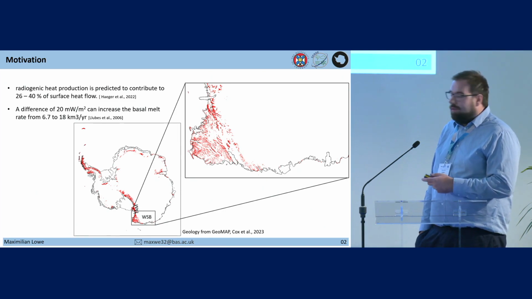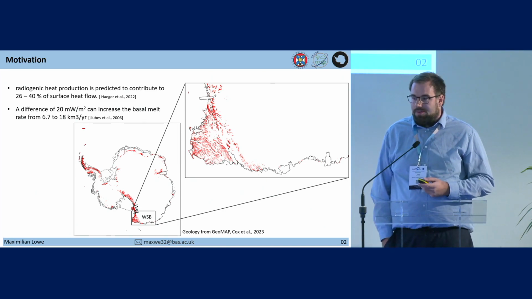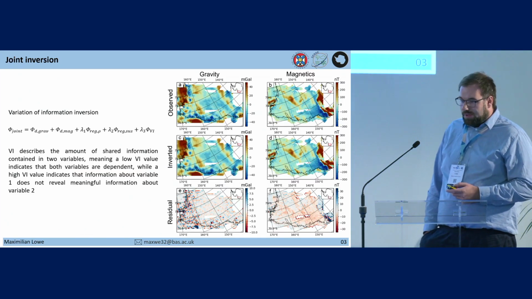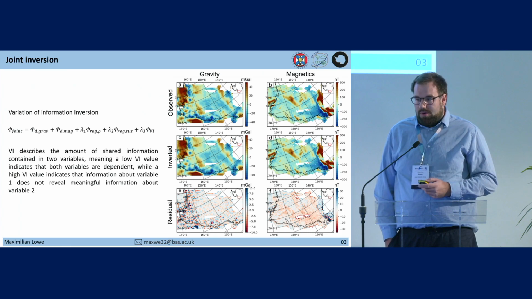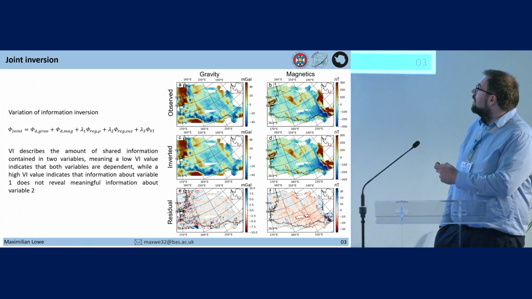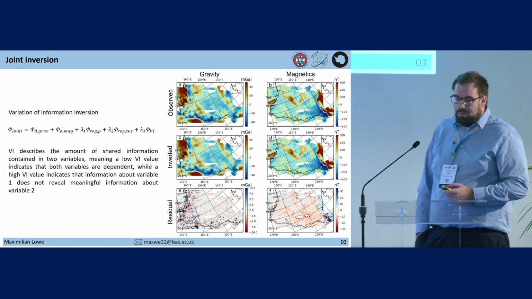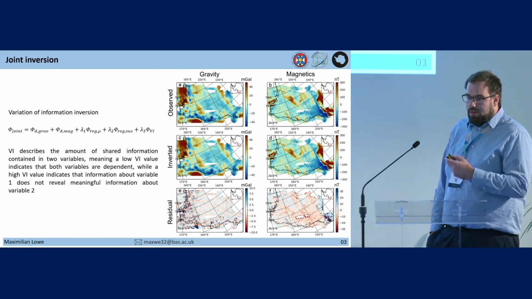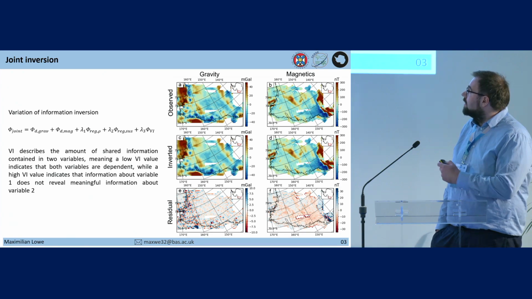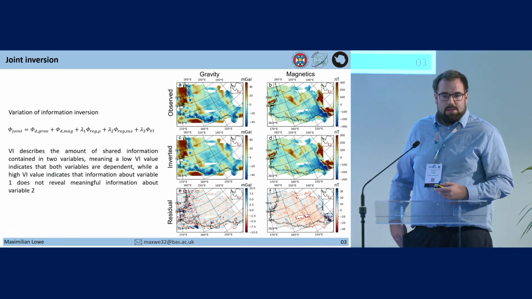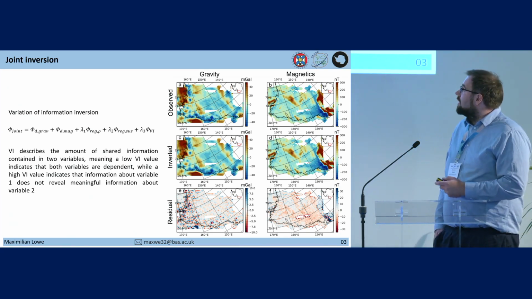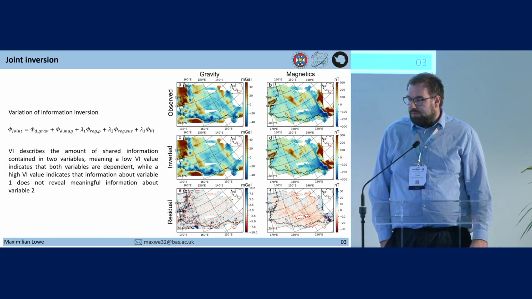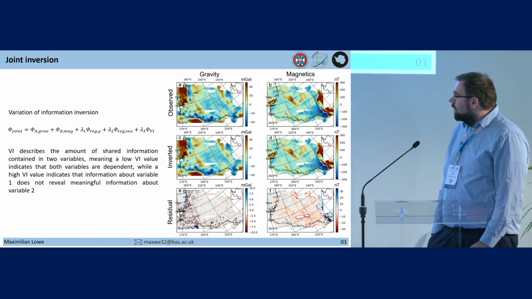If you cannot go there directly and map it out, what can we do? We can use gravity and magnetic data, and in this study we use a joint inversion approach. We use the gravity data from AntGG, where we corrected all the masses below the mantle, so we have only gravity anomalies related to the crust, and the magnetic compilation from ADMAP2.